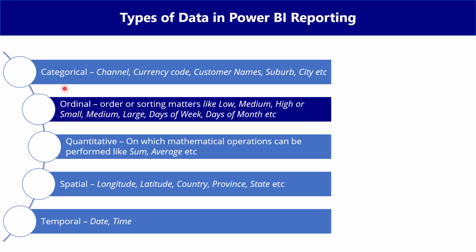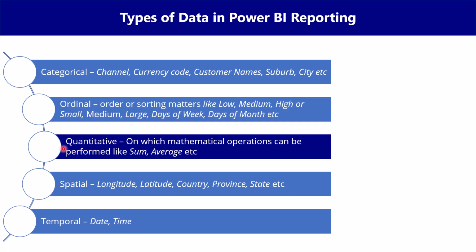Ordinal is basically a special class of categorical data where the order or sorting matters. Like you have the days of the week, the days of the month, or different sizes like low, medium, high, or small, medium, and large. In this kind of data, the order or the sorting is important, and this is the ordinal data type.